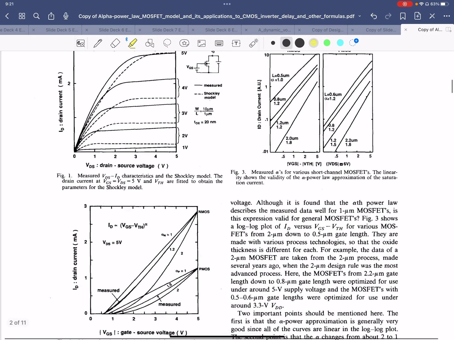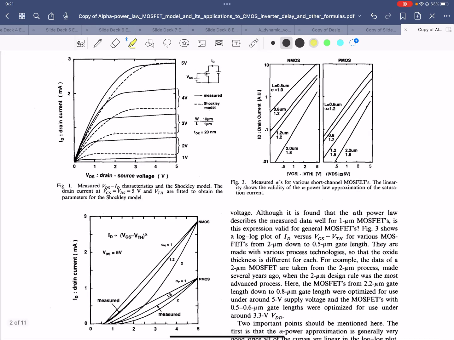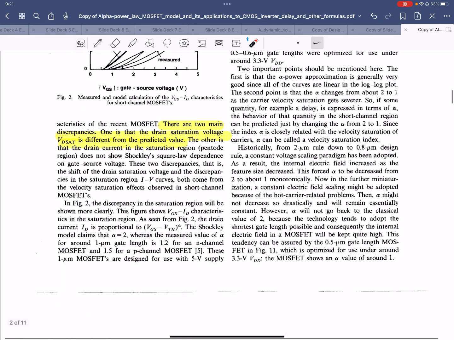For example, in the dashed line, the saturation voltage value is different than the predicted value. The second is that the drain current in the saturation region doesn't have a square law dependence. Again, we talked about this in the other video about velocity saturation, and if you aren't familiar with these nonlinearities, I suggest you take a look at those.